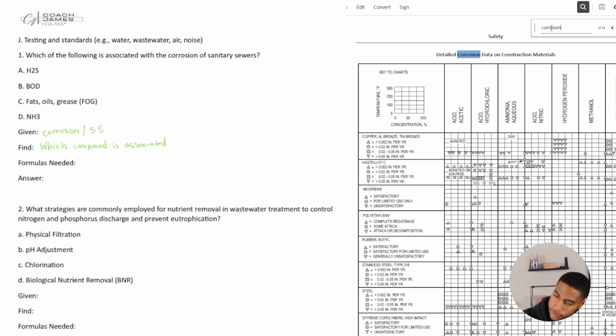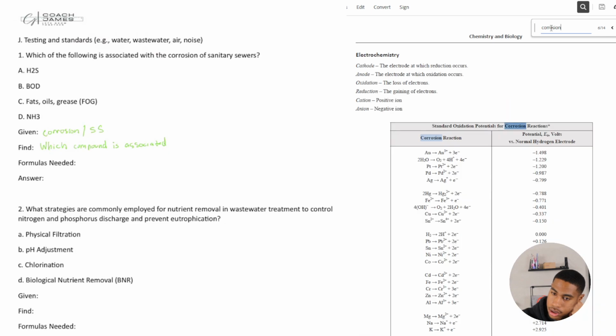I don't see any of the nitric acid, hydrogen peroxide. Okay, so some stuff for chemistry, like the loss of electrons.